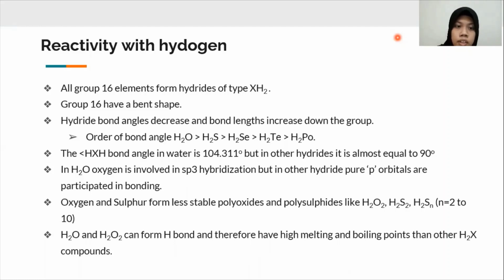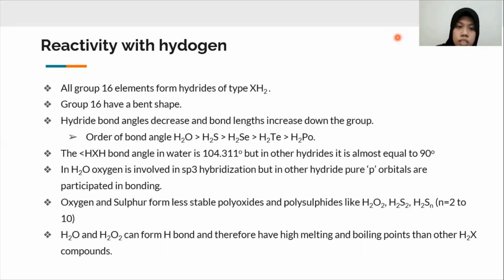So the H-O-H bond angle in water is 104.5 degrees, but in other hydrides it is almost equal to 90 degrees.